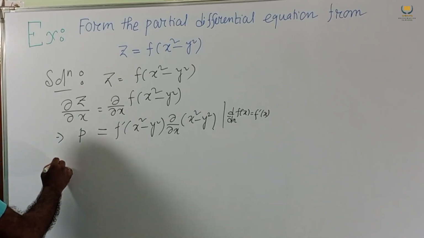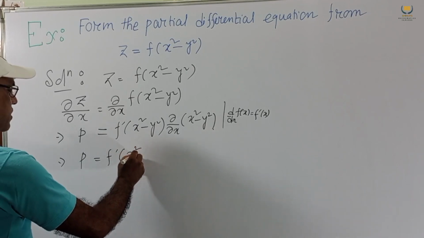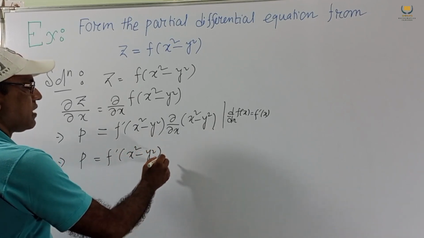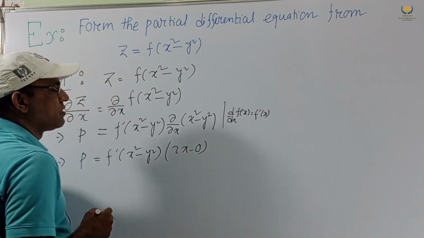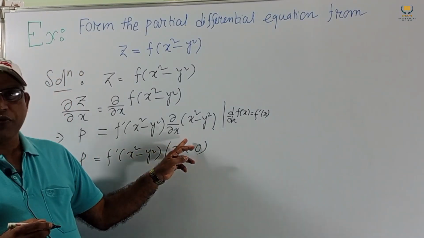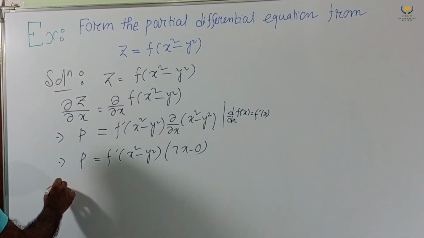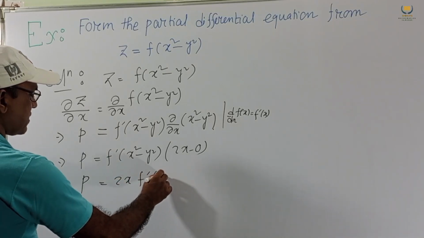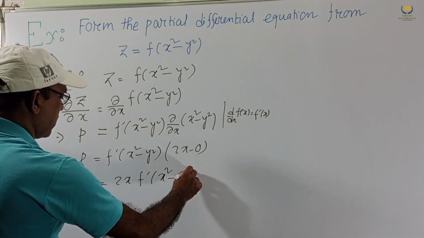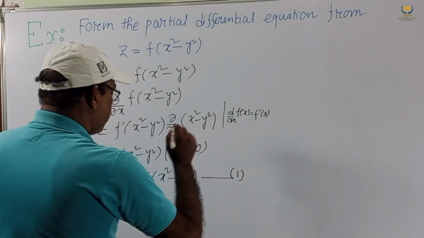So p equals f dash of x square minus y square times twice x minus 0. We differentiate partially with respect to x, so x square gives twice x and y square gives 0. So ultimately we get p equals twice x f dash of x square minus y square. This is equation number 1.